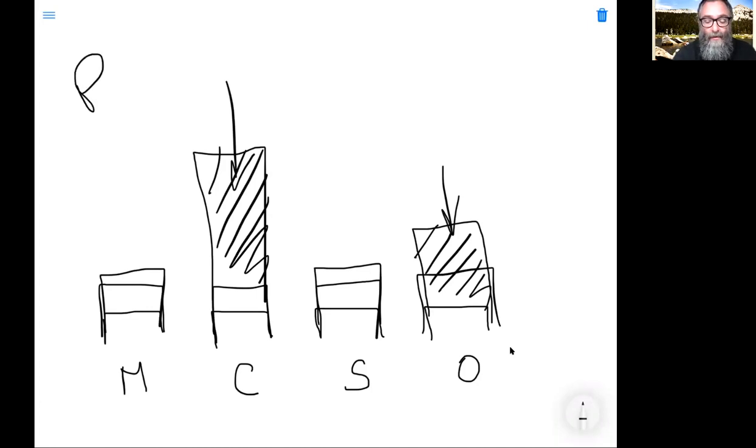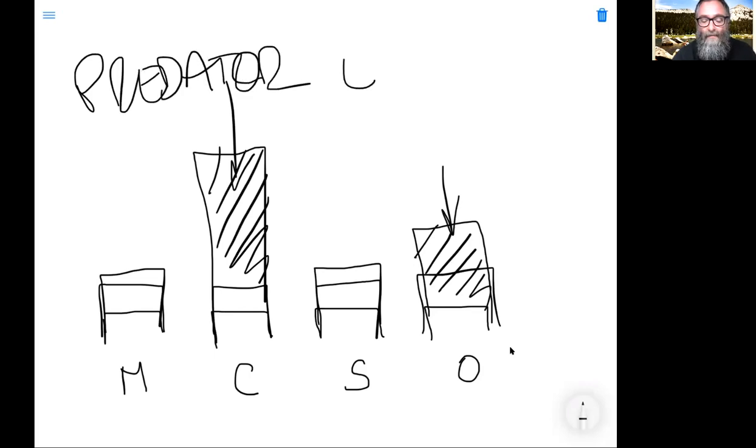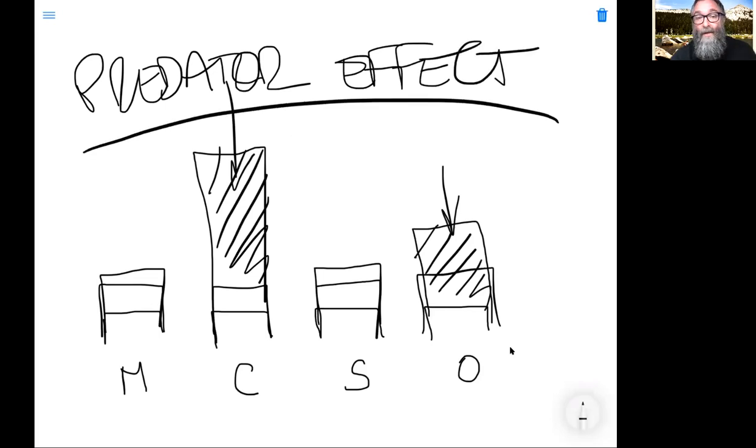This is called the predator effect. It was first seen in sea stars. I mean, it was first researched and named in sea stars. It's since been seen in many predators.